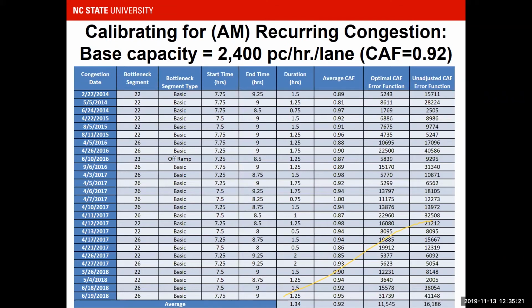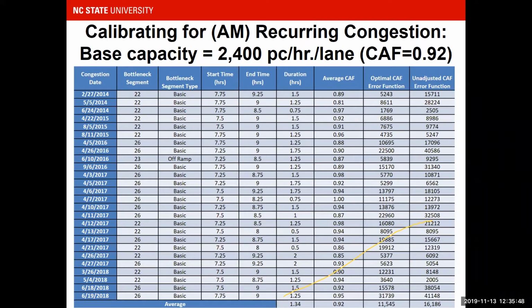Looking at the recurring congestion bottleneck that we see every day in our facility in the AM peak, we tried to adjust capacity for that bottleneck to see what this revised GA would recommend for its capacity. Going across several days that we had data for, it's a CAF of 0.92.